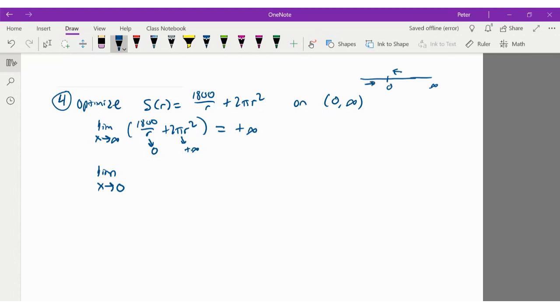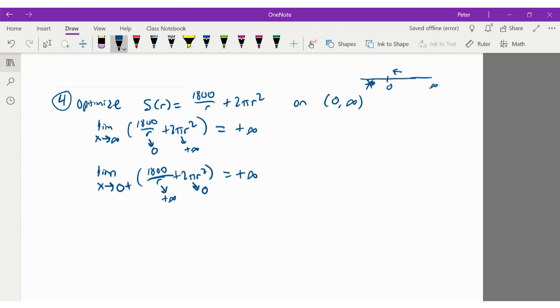So as I approach 0 from the positive side, 1800 over r plus 2 pi r squared, by substitution, that's a positive number over a very, very tiny positive number, so this is also going to be infinity.